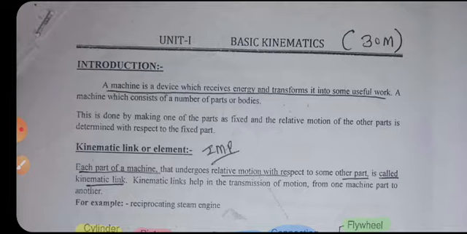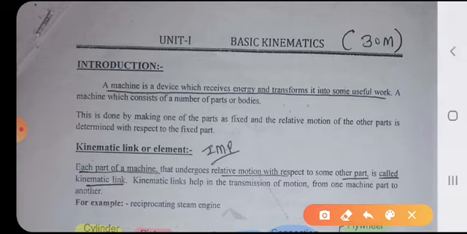A machine is a device which receives energy and transforms it into some useful work. A machine consists of a number of parts or bodies. So at this point let us discuss what energy is.